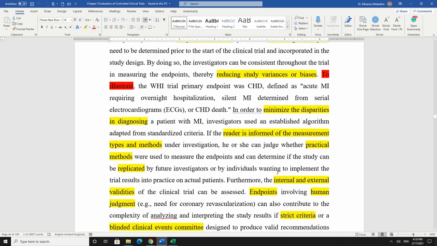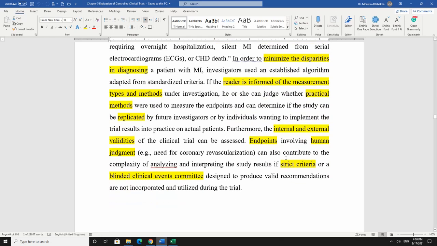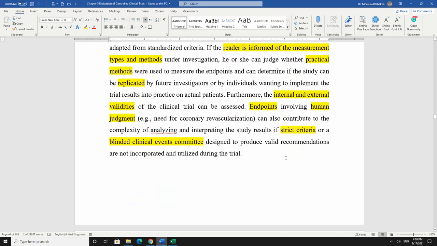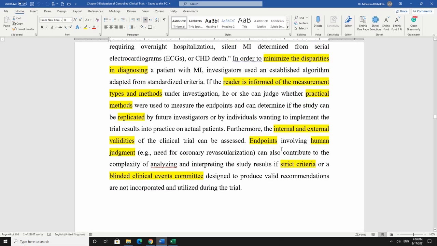Of course, another thing which is important is that the investigator should and must report how they are going to measure the endpoint, the measurement, what is the technique that will be used, not only to use a proper endpoint, but to allow the readers to know about the method that is used in measuring or determining the endpoint. Sometimes the endpoint can be judgmental.